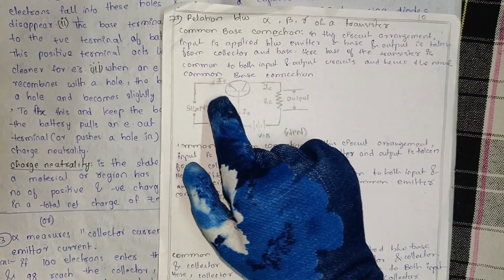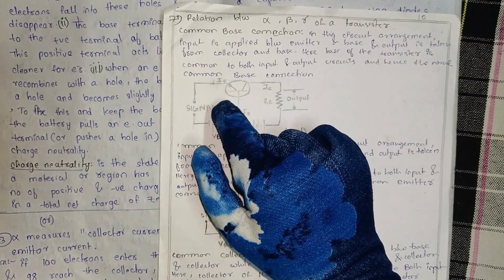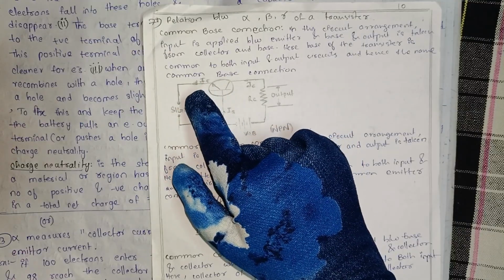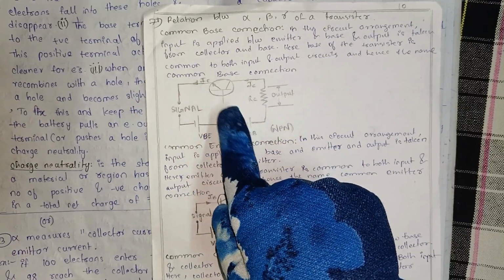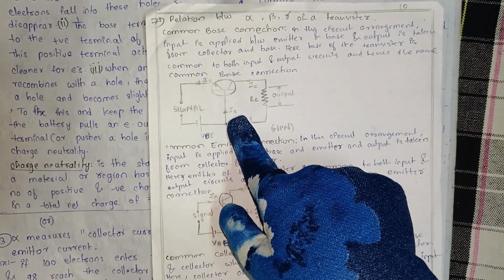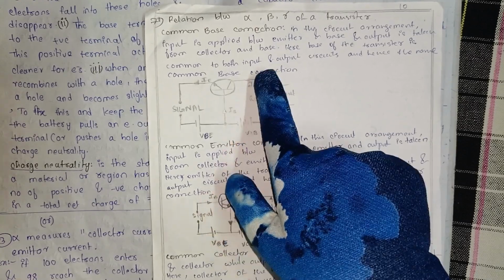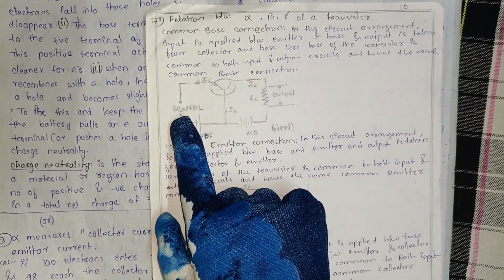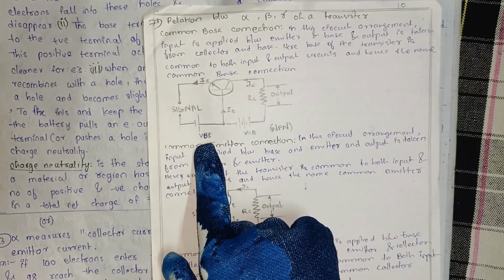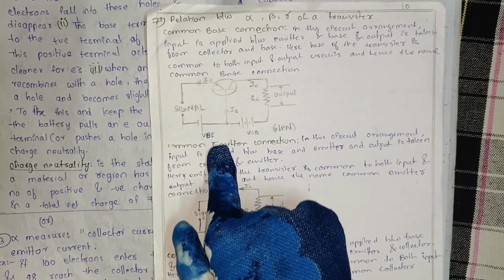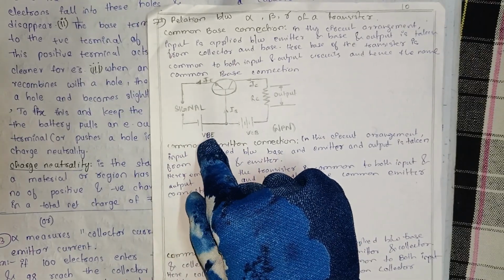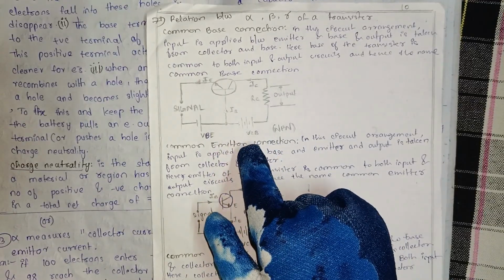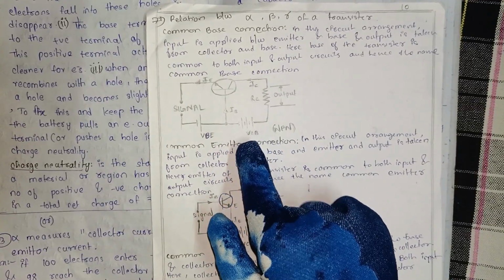The circuit shows emitter current IE, base current IB, and collector current IC, and output and signal are there, and VBE voltage is there, base emitter voltage, and VCB is there, means collector base voltage.